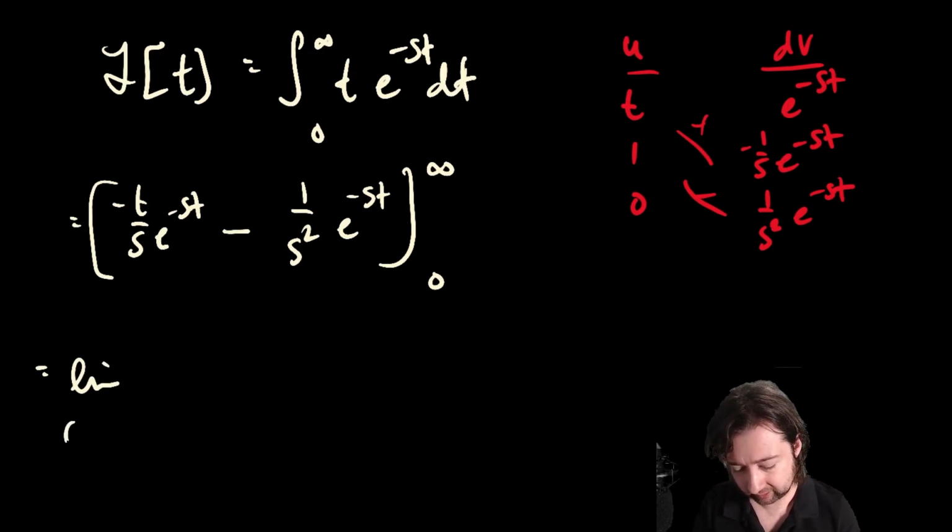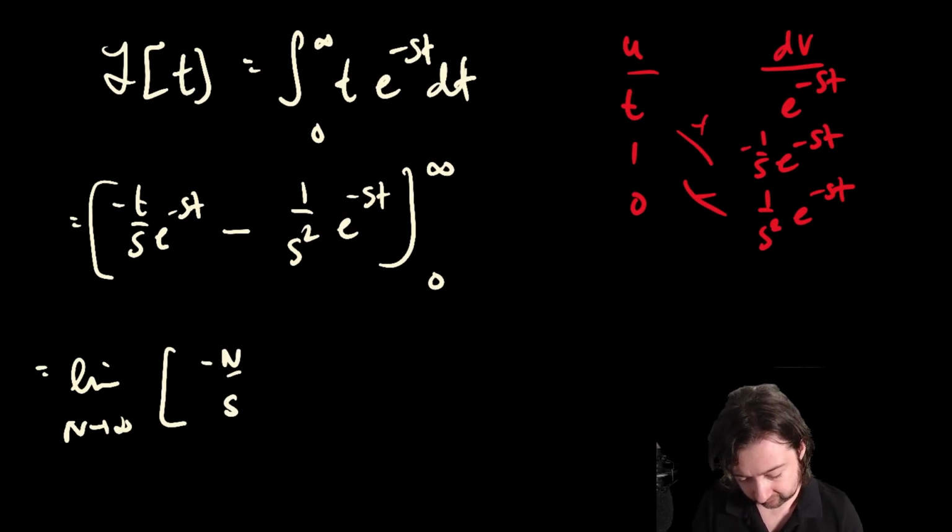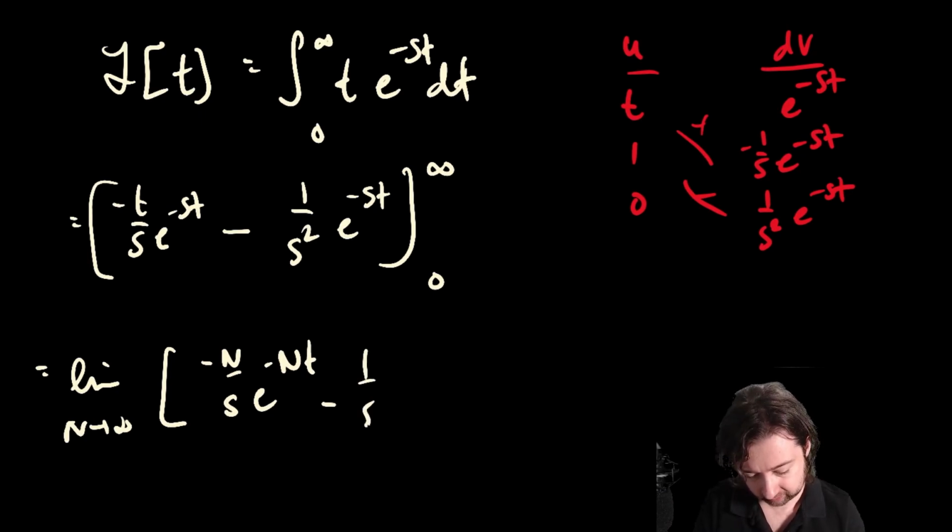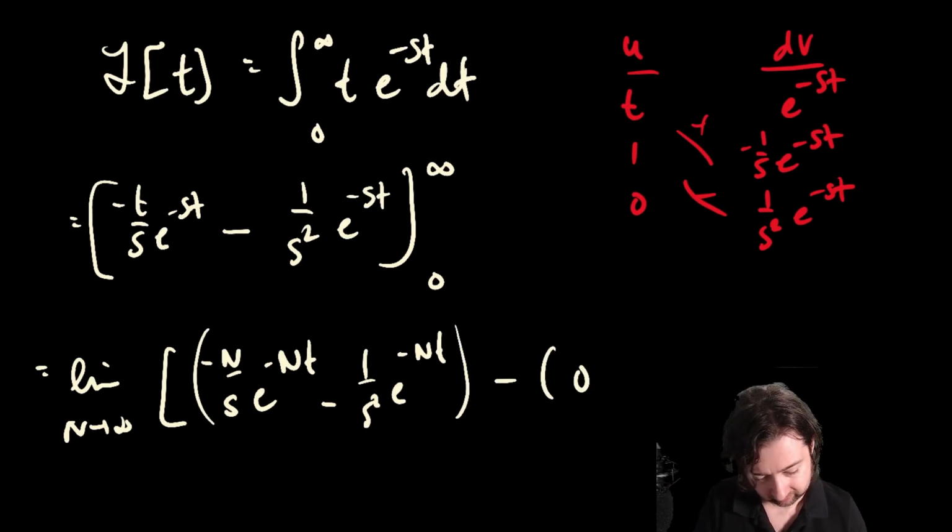So this is the limit as n goes to infinity of minus n over s e to the minus nt minus 1 over s squared e to the minus nt, minus 0 minus 1 over s squared.